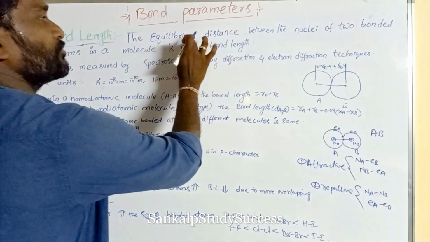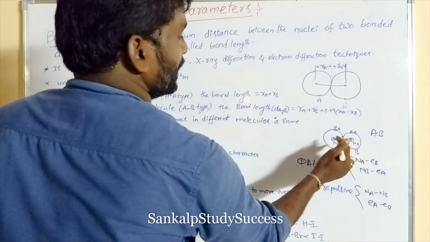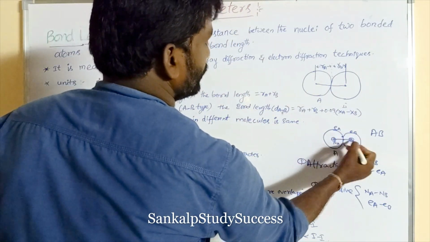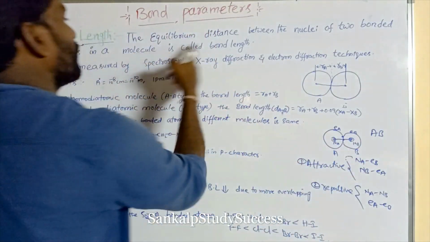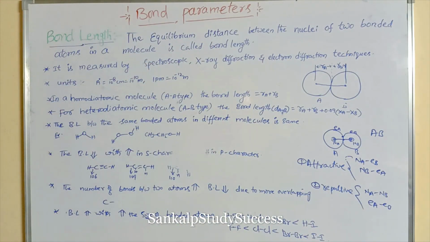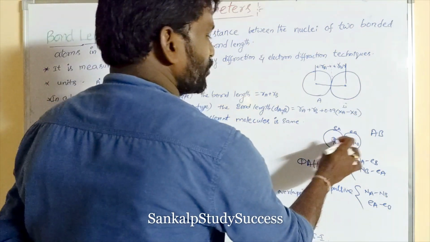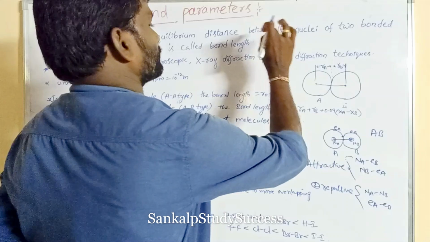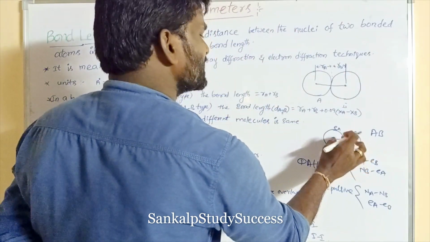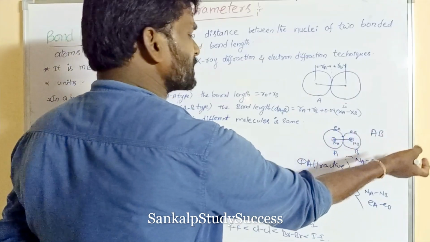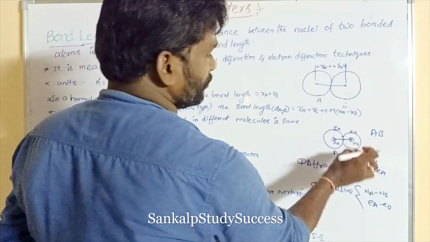That equilibrium distance between the nuclei of two bonded atoms in a molecule is called bond length. The two atoms are in equilibrium because the attractive force is equal to the repulsive force.